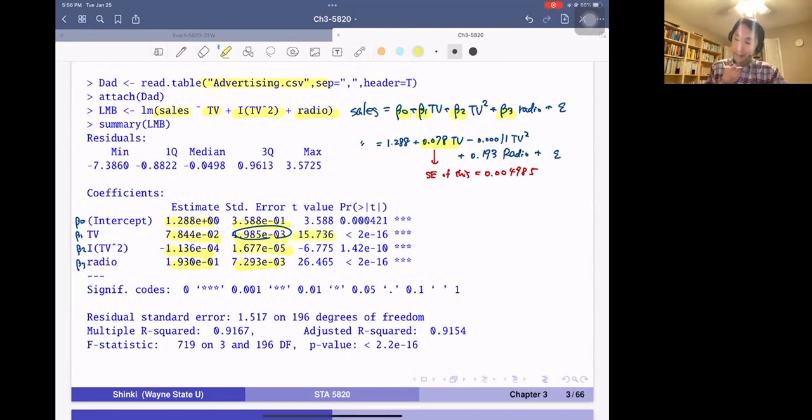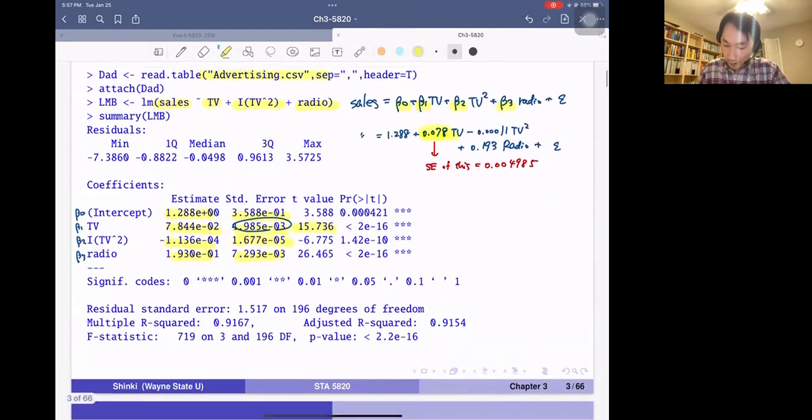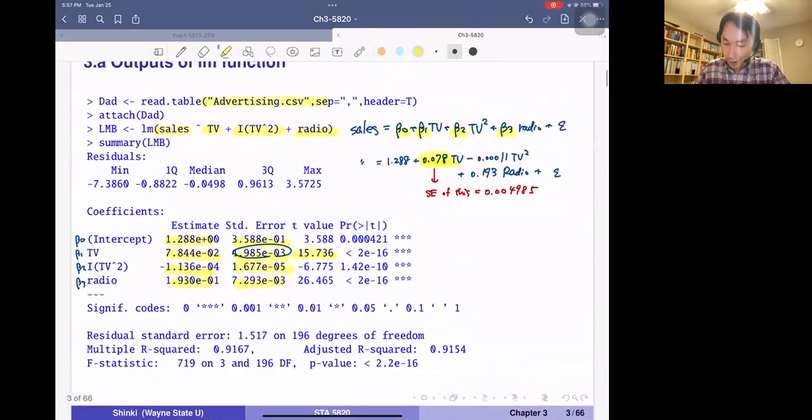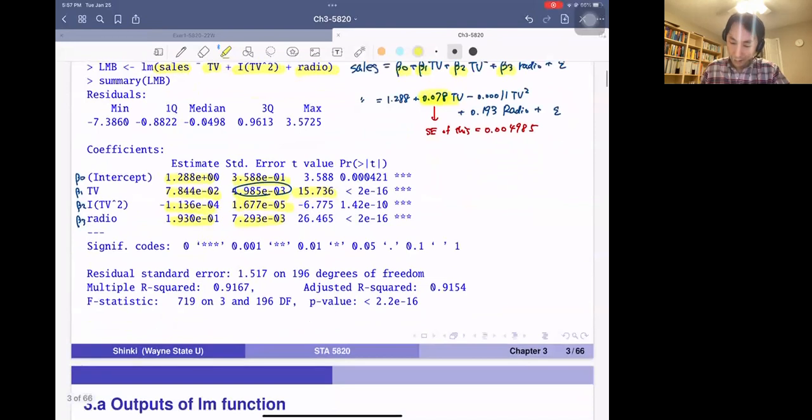So the size of the coefficient is 0.07 and the standard error is 0.0049. That means we are almost sure that the effect is between maybe 0.07 to 0.08 or 0.09. So it's a pretty strong result that TV advertisement affects sales. And if you see the ratios, all ratios are significant.